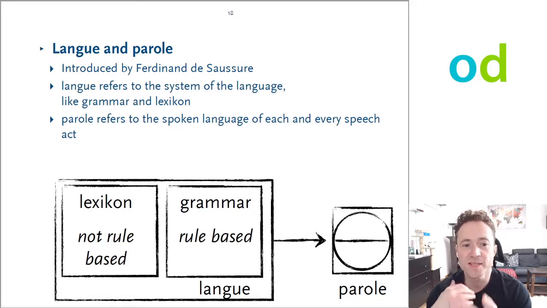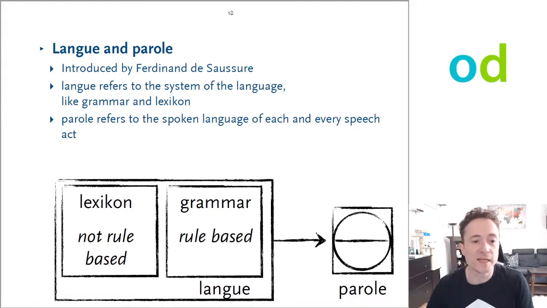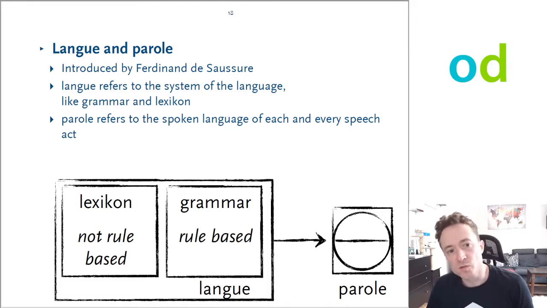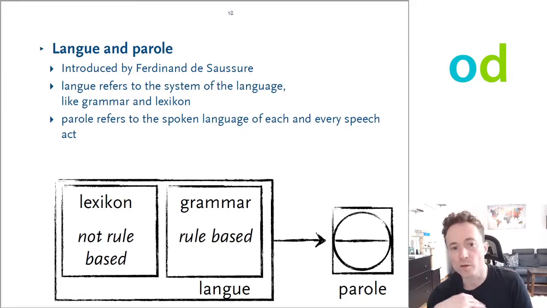And then there is the parole. The parole is the spoken language of each and every speech act. So everything I'm doing right now, speaking, that is parole. But I'm using the langue, in this case of English, to construct whatever I say. And you can see that actually everything in existence, like language out there, it's all parole.